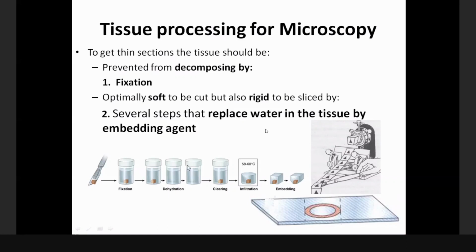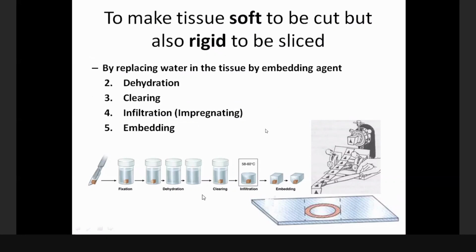So after fixation, we have the following steps. The first step is dehydration. As I told you, dehydration is extraction of water. There are several chemicals that are able to extract water, meaning there are several chemicals which are able to dissolve in the water. It is all the process of dilution.